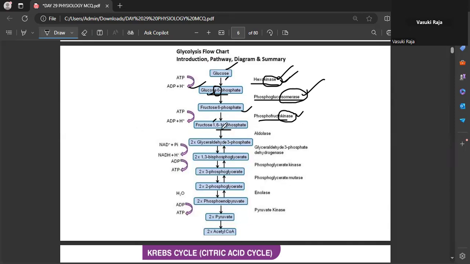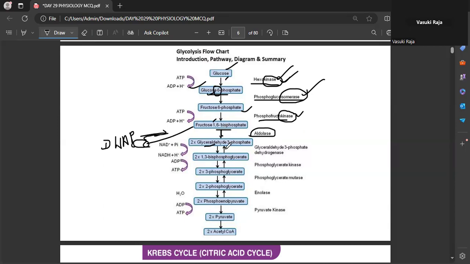Now, with the enzyme aldolase, it is converted into glyceraldehyde 3-phosphate and, on the other side, dihydroxyacetone phosphate, DHAP. These two will be isomeric forms of each other, and that will be in an equilibrium state, just like glucose 6-phosphate and fructose 6-phosphate.